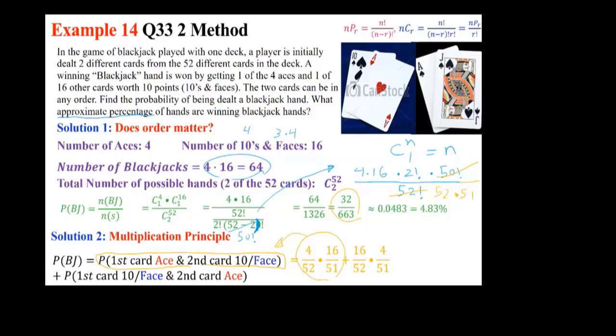With the second case, the first card is a 10 or face, and the second card is an ace. So this one is 16 out of 52, again it can be simplified, times 4 over 51 because they are dependent. Since they are dependent, the sample size shrinks by 1 because one card is drawn.